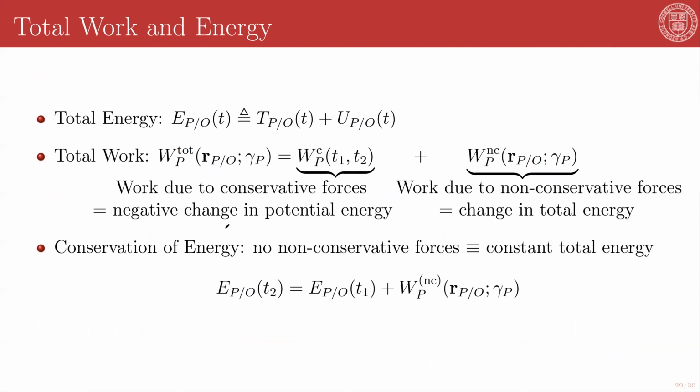And the conservation of energy law tells us that if we have no non-conservative forces, then we will have total constant energy, which means that in a system that is only affected by gravitational forces, and this describes a lot of the astrodynamic systems that we're going to be talking about, at least initially, then we should expect complete conservation of total energy. If there are non-conservative forces, then the change in energy is going to be the non-conservative work.